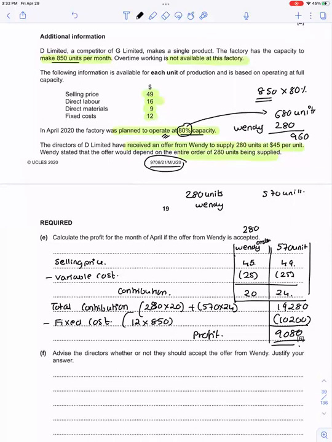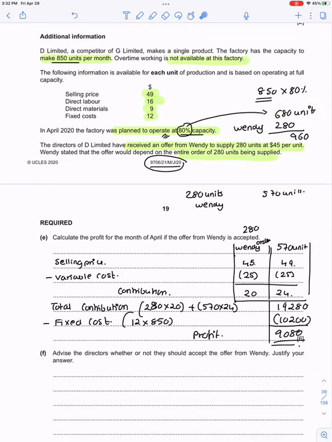They did not have so much demand. So they decided that in the month of April, they would work at 80% capacity. Now, if they worked at 80% capacity in the month of April, they would produce only 680 units. They still had 20% capacity left, okay?